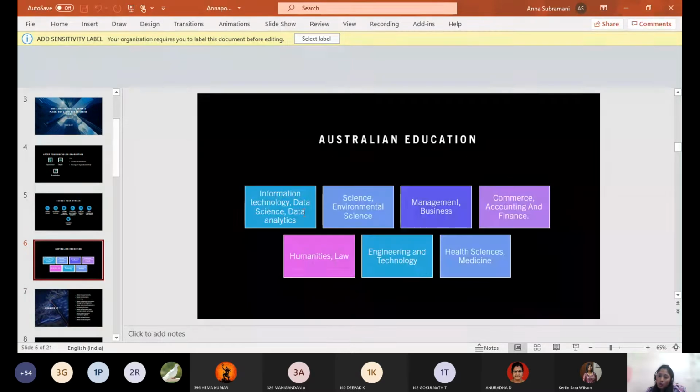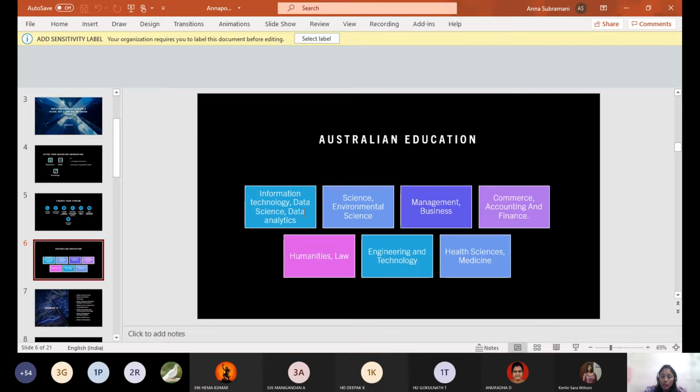So in Australian education, these are the fields that are most popular here: information technology, data science, data analytics, environment science, business management, commerce, accounting, finance, humanities, law, engineering, technology, health sciences, medicine, etc. Information technology and computer science come under the STEM field.